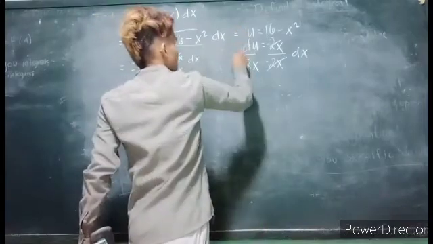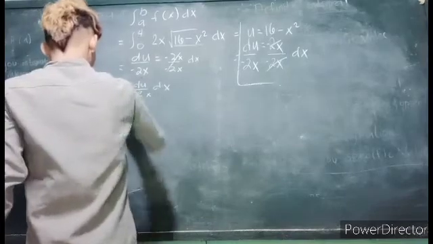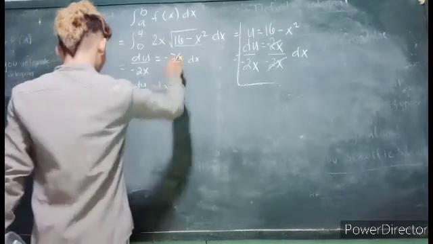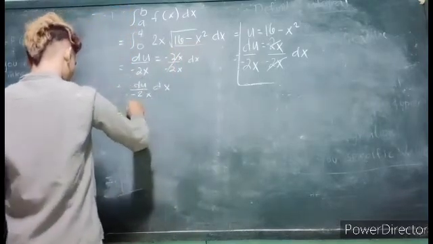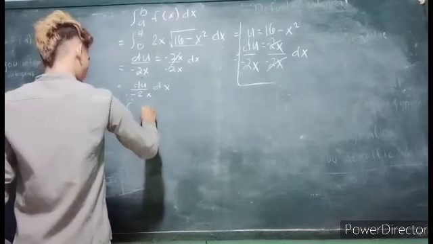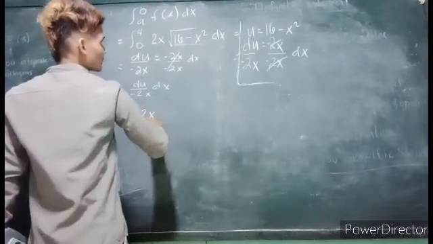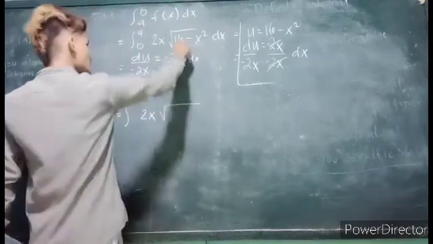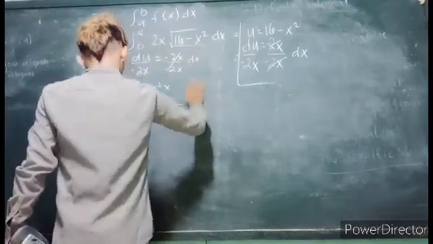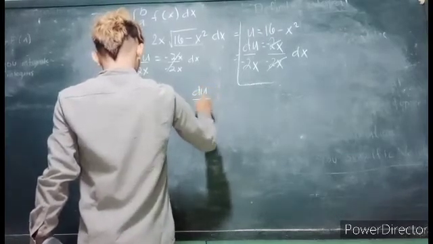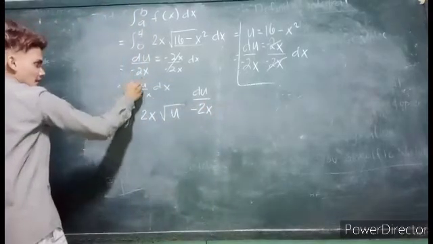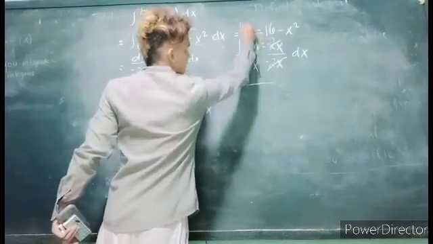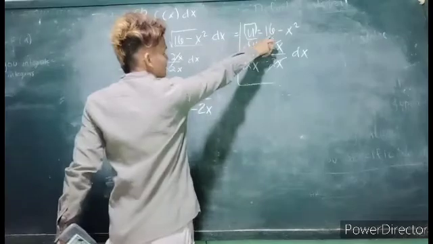So copy our derivative of negative x squared, 2x, then replace the 16 minus x squared with u, then copy du over negative 2x here. Just copy it. The 16 minus x squared is replaced with u, because that is what we did earlier: our u substitution is 16 minus x squared.